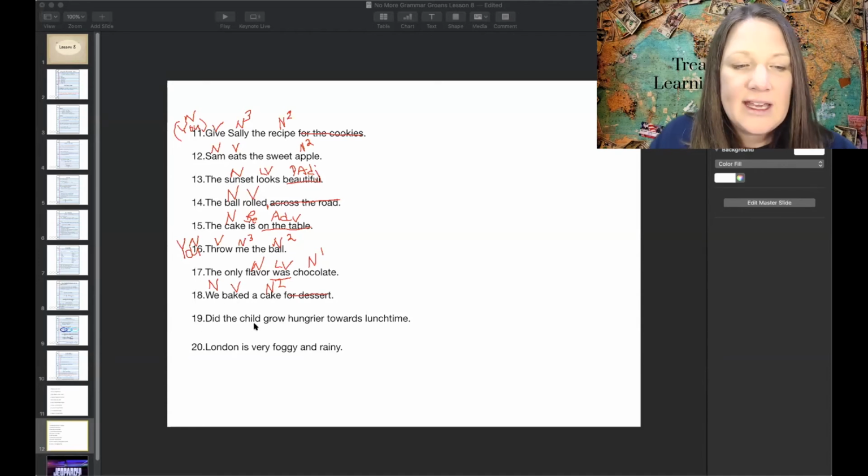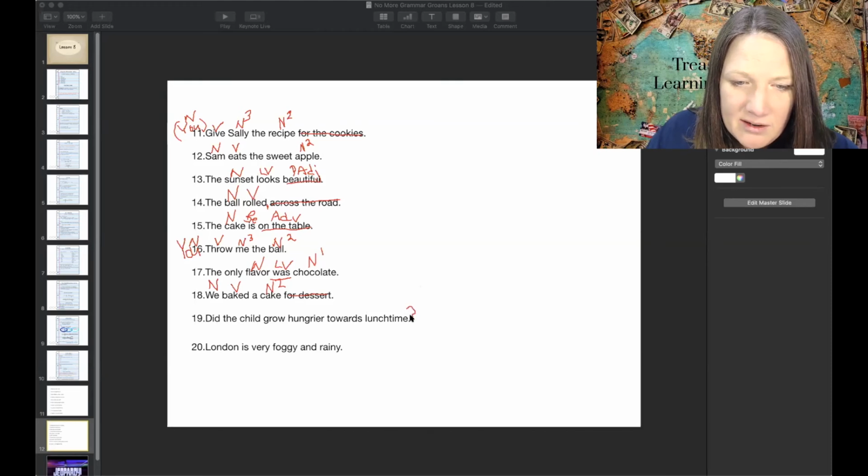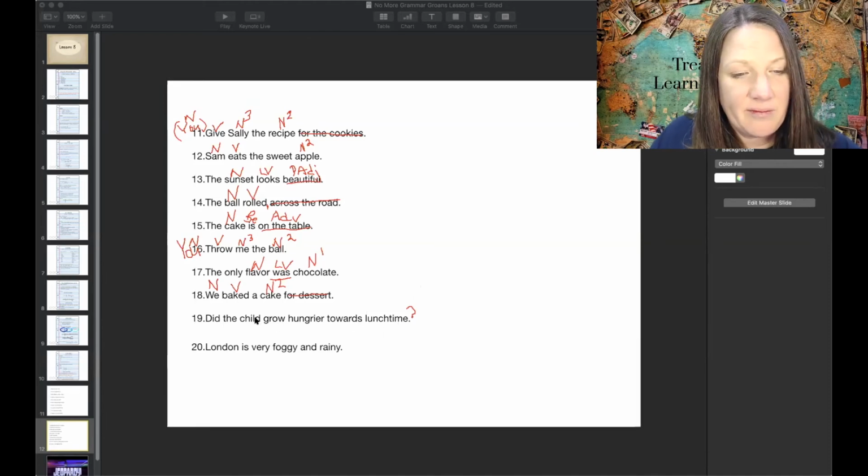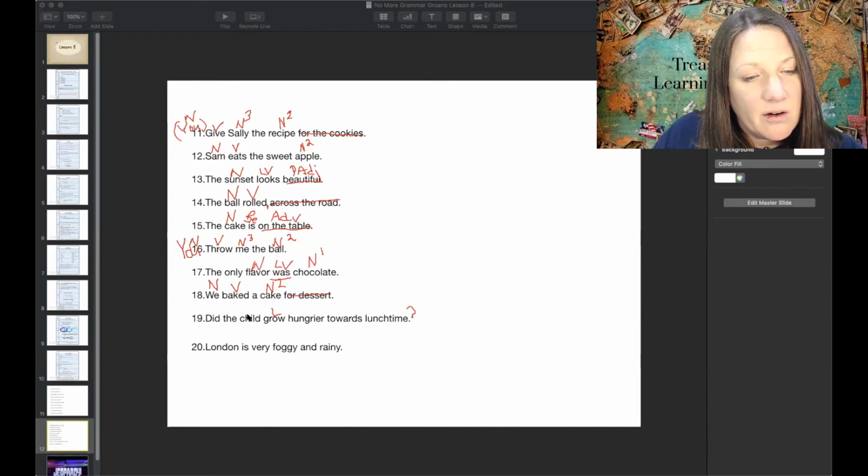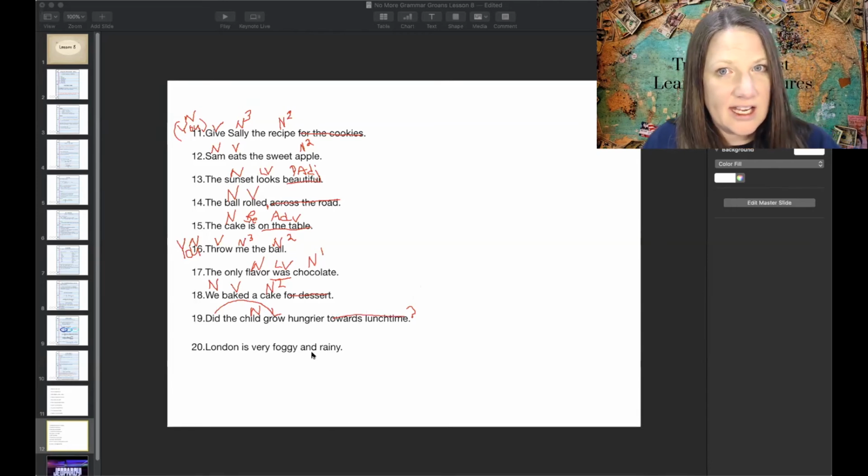Two more. And this is supposed to be a question mark. I'm sorry about that. Number 19, did the children grow hungrier towards lunchtime? We have grow here. Child is a subject, and then did grow. And we have actually a prepositional phrase. I did not take it away right away.